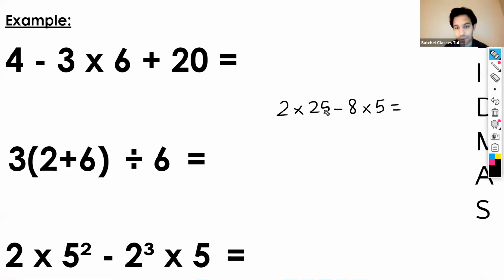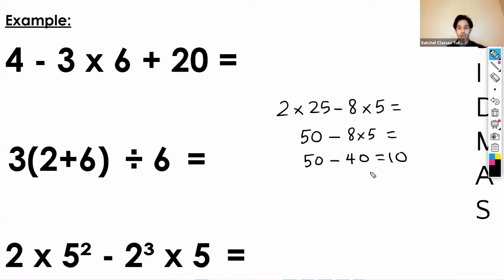First I would have to do the multiplication, so that's going to be 50 minus 8 times 5. Now again, you might be tempted to do 50 minus 8 first, times 5. That would be wrong. We have to follow the order of operations here. So that's going to be 8 times 5, so what we'll have is 50 minus 40, which will give us 10. So the answer to this problem is going to be 10.